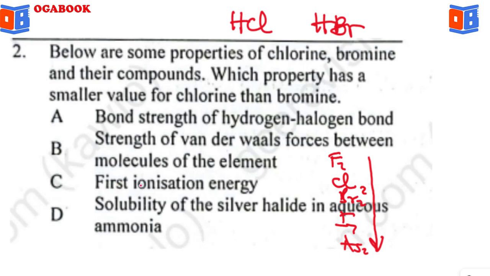C talks about first ionization energy, which would definitely be decreasing down the group, making it incorrect. D, the solubility of silver halide in aqueous solution or in aqueous ammonia. So the solubility will decrease from chlorine to iodine. Therefore, our correct option is B, the strength of van der Waals between them. So van der Waals strength will be increasing as we move down the group, making option B correct.